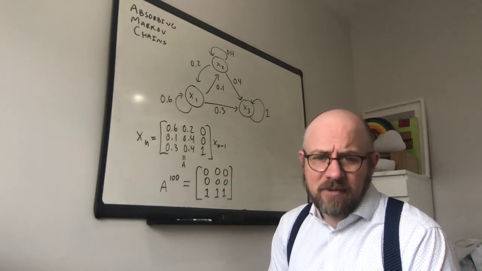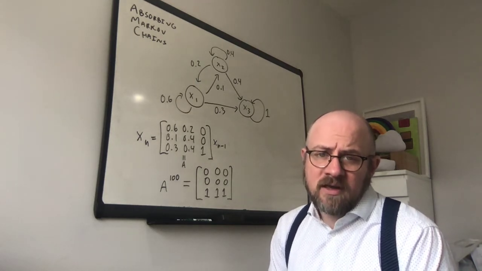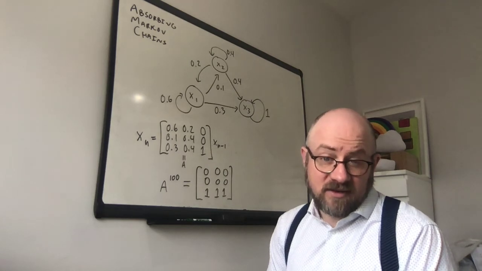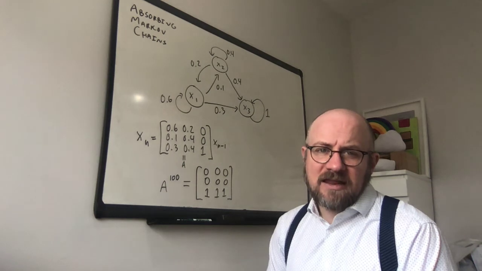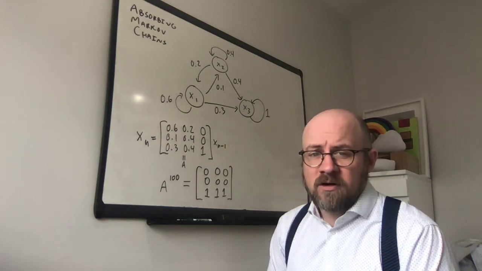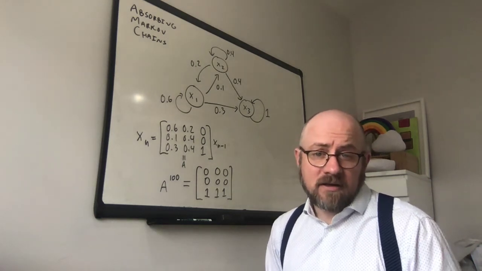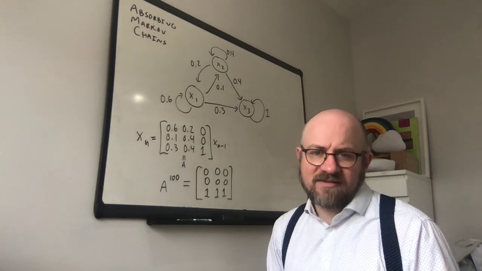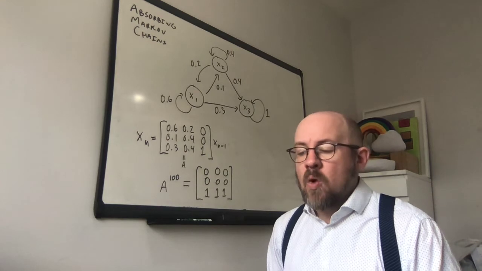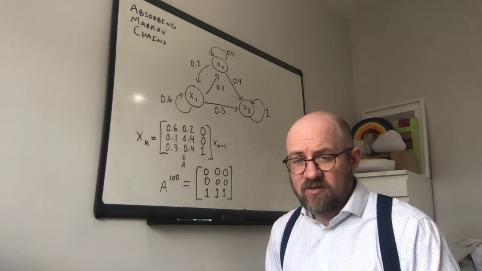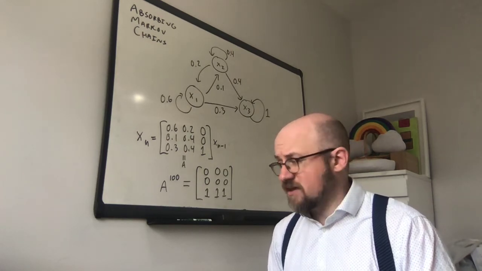The dominant eigenvalue here is 1, and the dominant eigenvector is 0, 0, 1: 100% in state 3. So this isn't actually any different than what we did before, except everything ends up in that absorbing state. I'll have an Excel simulation of one of these in the file that's attached. What's more interesting is when we have multiple absorbing states.